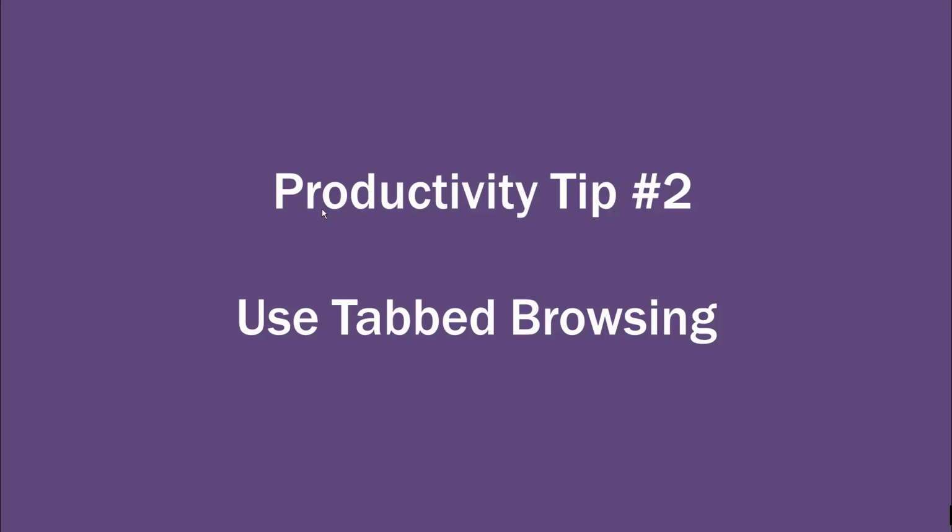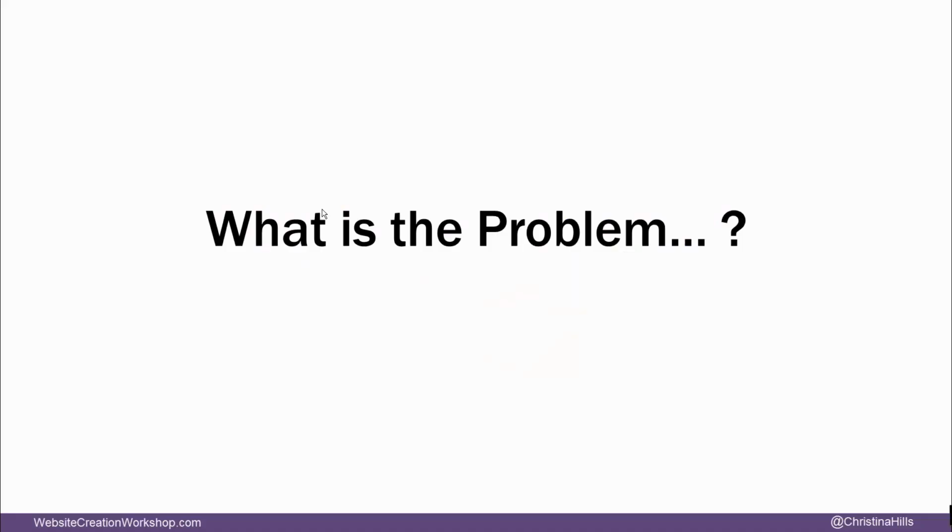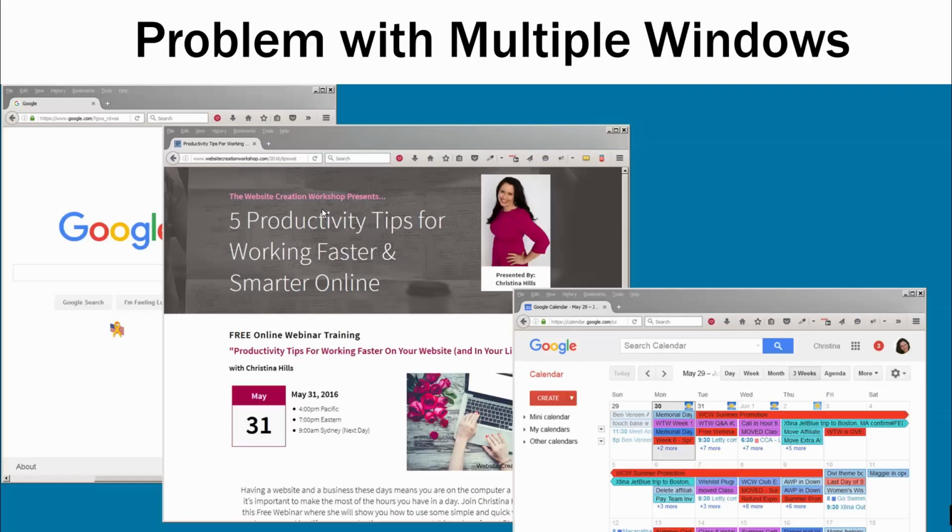Productivity tip number 2 is to use tabbed browsing. So what is the problem that tabbed browsing fixes? It's the problem with multiple windows. As you saw when I had the 2 browsers open, I kept moving them around and bringing them up and bringing them down.